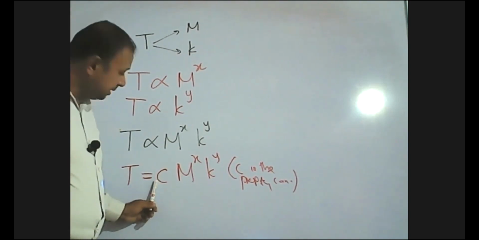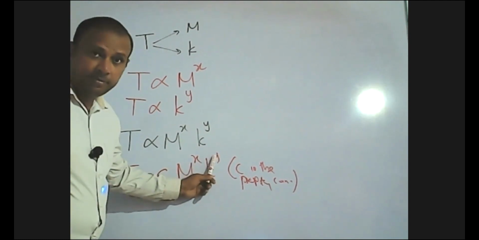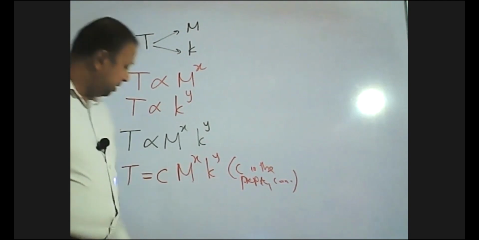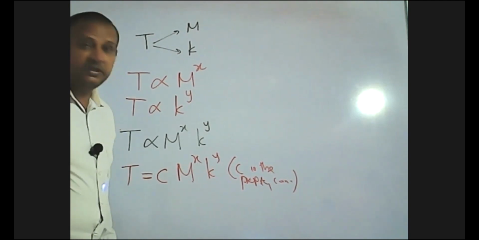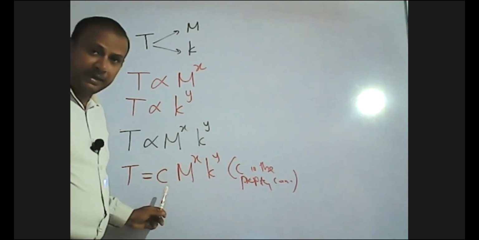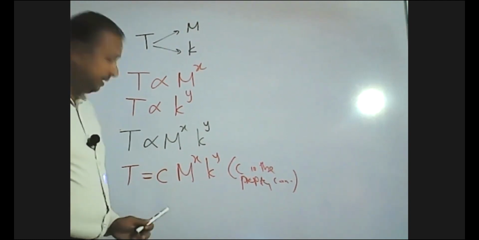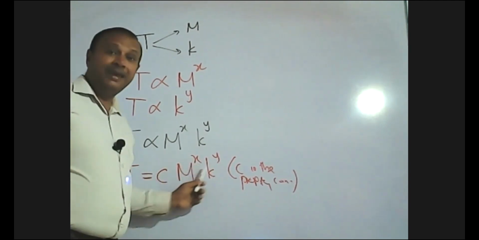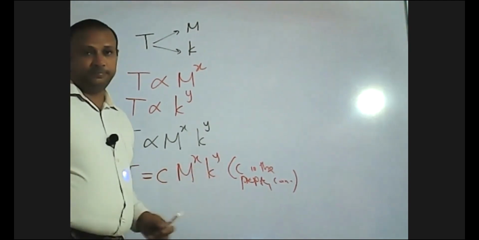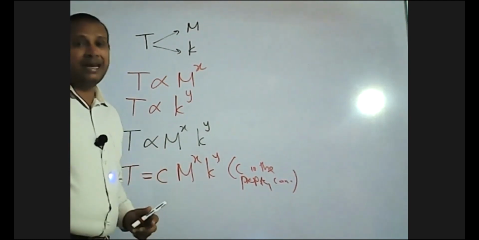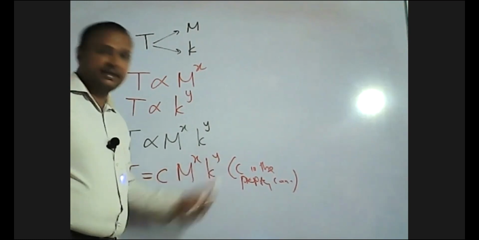C, X, and Y. If I can find those values, then I can determine the equation between these physical quantities. C value is given. We can take it as 2.5. It is a constant. So now I want to find X and Y only. How to find that? I can use dimensional analysis to find X and Y.